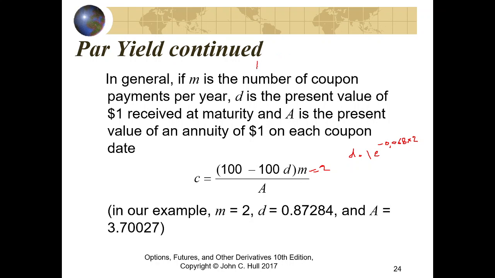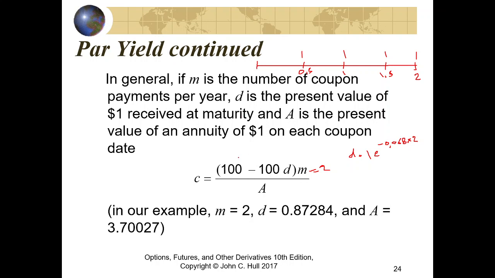So in our case, we have $1 here, $1 here, $1 here, and finally $1 here. The first one will be after 6 months, after 1 year, after a year and a half, and after 2 years. So we need to find the present value of this annuity.